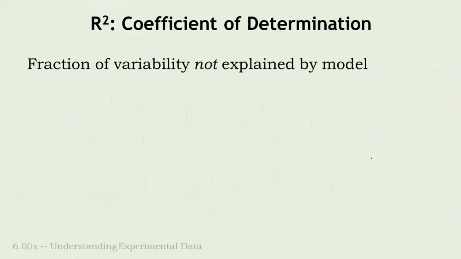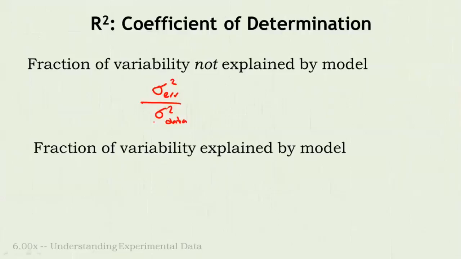The fraction of the variability that's not explained by the model is the ratio of the variability of the errors, which is the part that we're not explaining with our predictions, over the variability of the observations. Think of this as a normalization factor. This gives us the fraction of what we're observing that's not explained by the model. So the fraction of the variability that is explained by the model is 1 minus that ratio, the variance of the errors over the variance of the data.